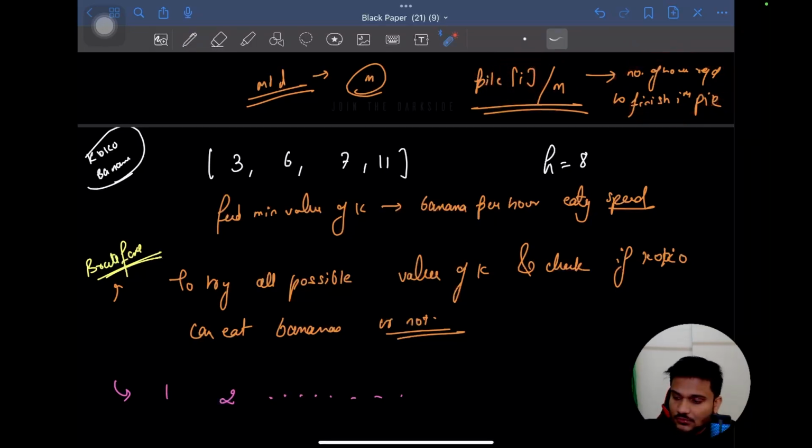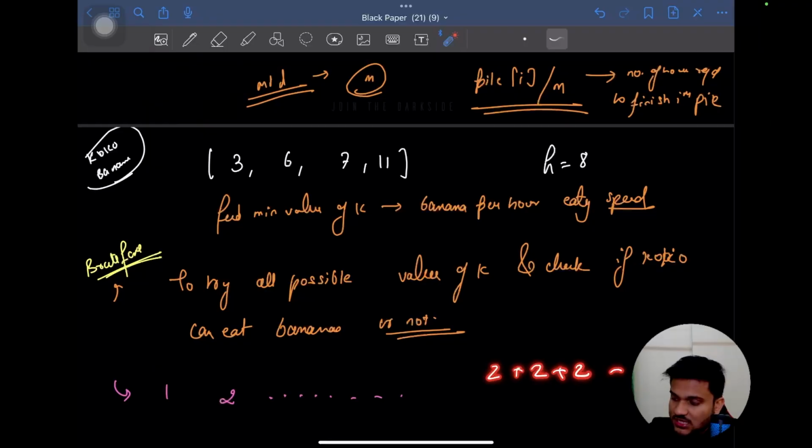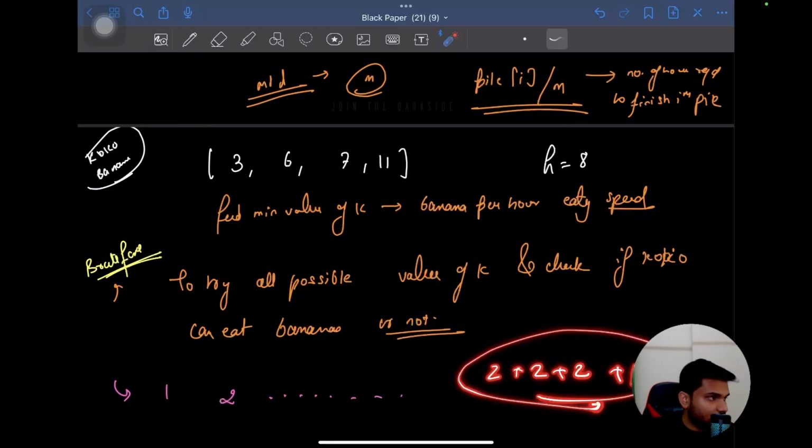Now let's say your banana eating speed is 2. You have 7 bananas in the pile. If you do 7 by 2, what will you get? You will get 3. But do you need 3 hours to eat the 7 bananas? No. You need 4 hours. How? 2 plus 2 plus 2 plus 1. You need 4 hours to eat 7 bananas if your banana per hour speed is 2.